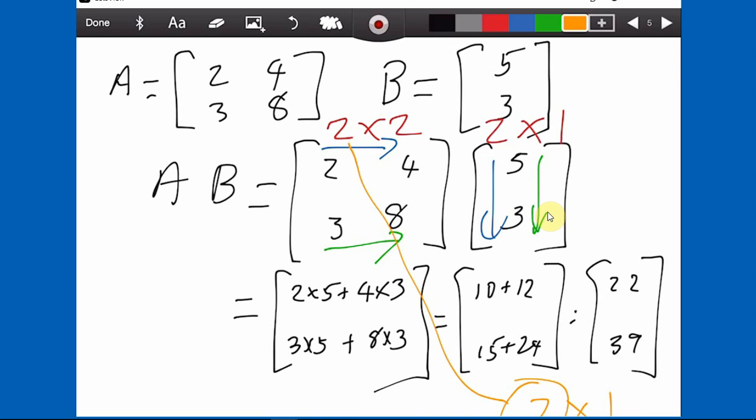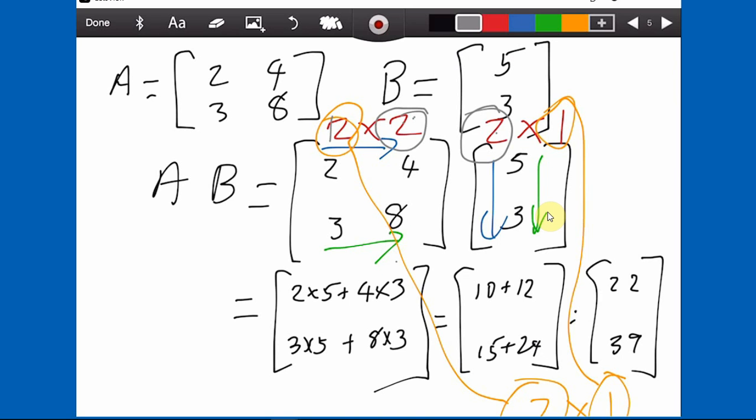So 2 rows from this matrix, 1 column from this matrix. Now you notice here, and I'll point this out in more detail in a minute, those 2 numbers there are the same. So the number of columns in your first matrix, 2 columns, is equal to the number of rows in the second, and that's a requirement.